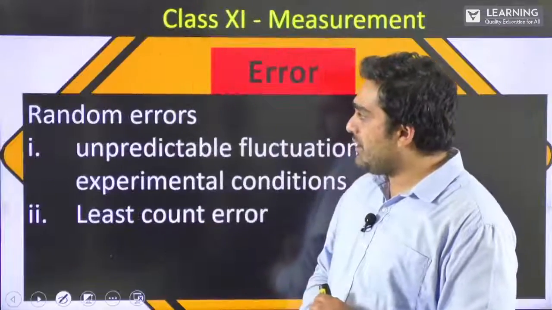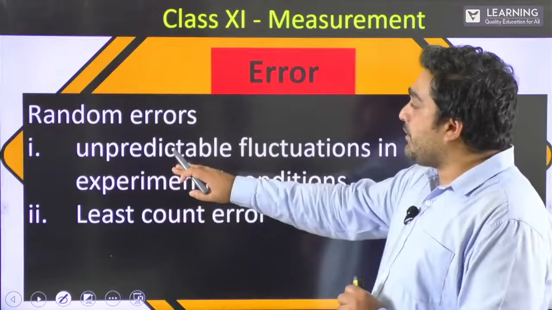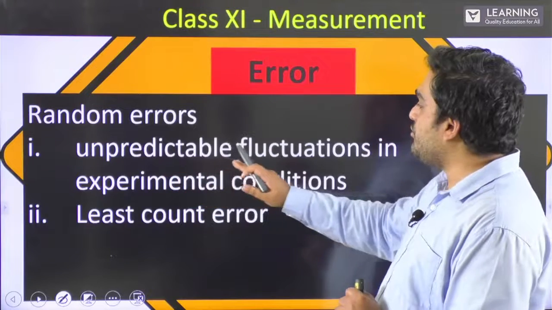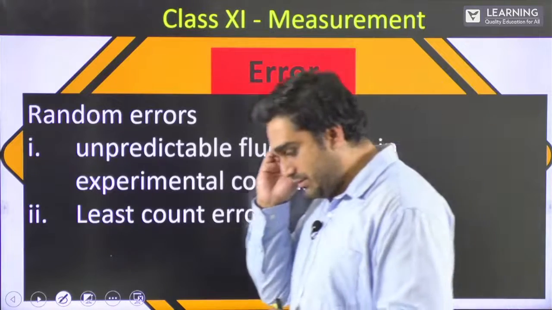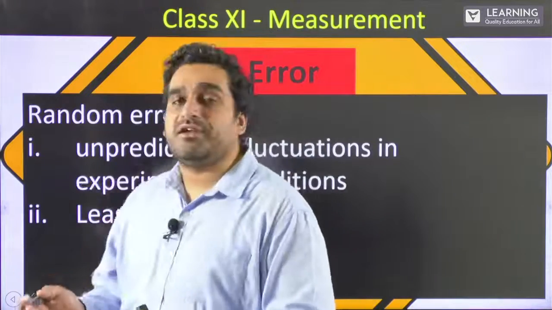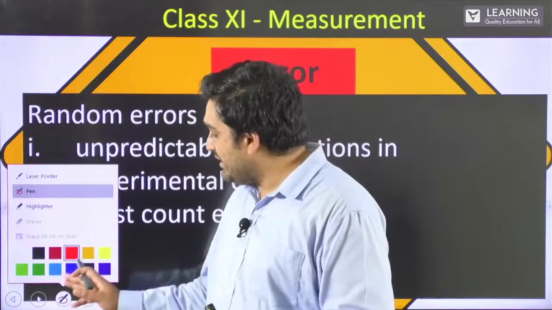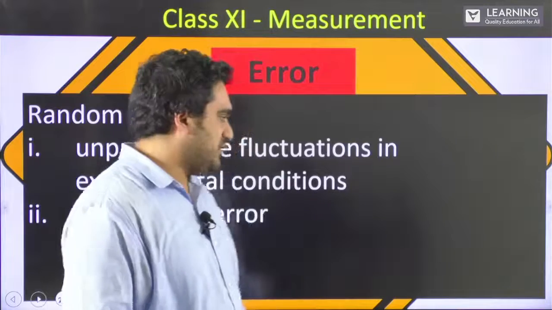Now let's look at random errors. Random errors are errors that occur due to unpredictable fluctuations in experimental conditions, such as temperature, voltage, and current.